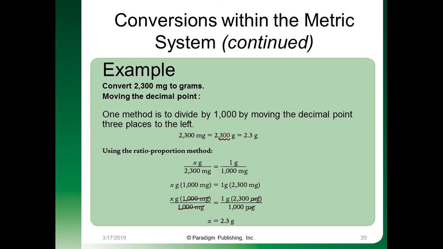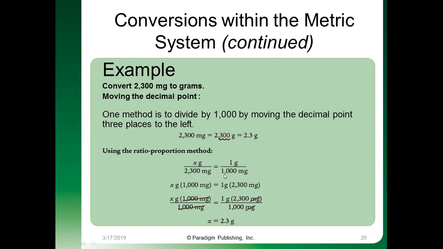Using the ratio proportion method, we set up our fractions. So again, our numerators' units have to match and our denominators' units have to match. So in the numerator, we're going to put the grams, and in the denominator, the milligrams.